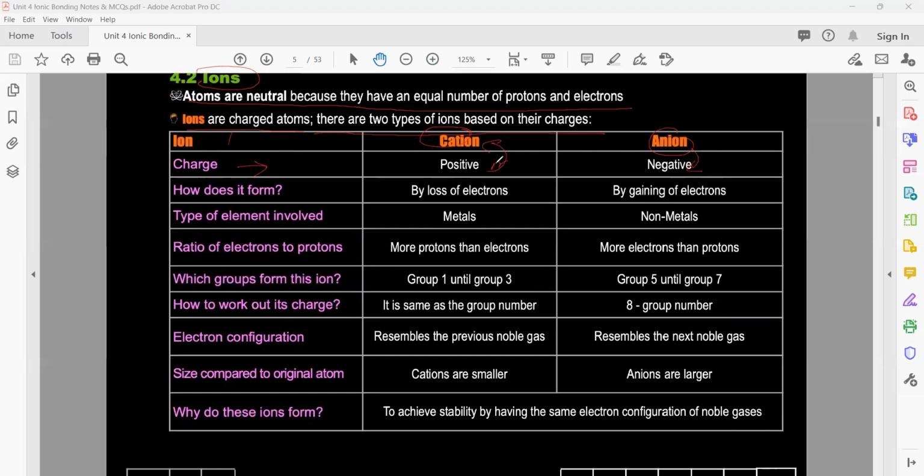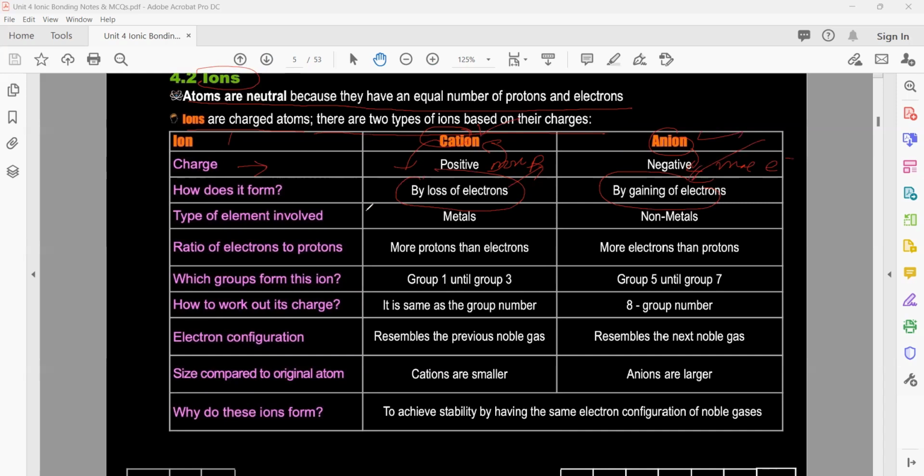Positive means more protons. Negative means more electrons. How does it form? A cation forms by loss of electron, and an anion by gain of electron. When an atom loses an electron, it becomes a cation. When an atom gains an electron, it becomes an anion.